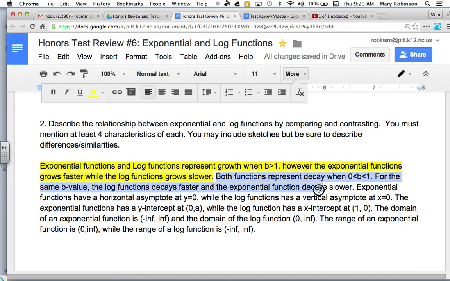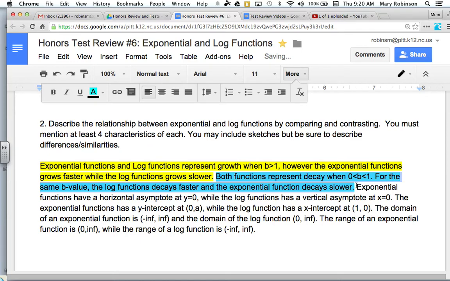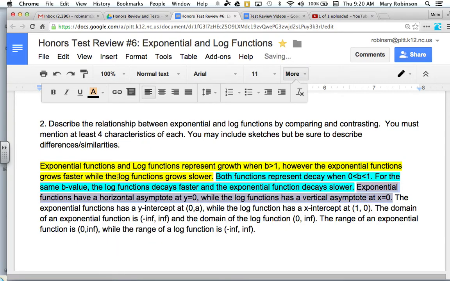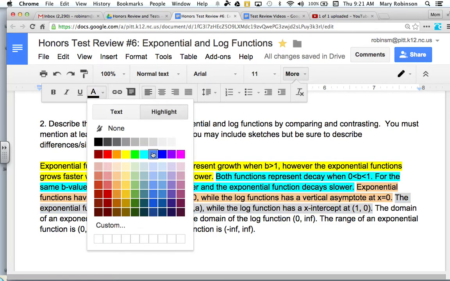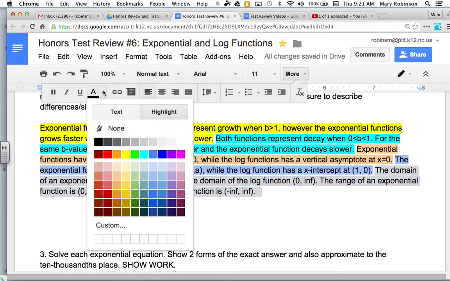This is a separate characteristic. This is a third characteristic. Another characteristic. And I want this to be a separate characteristic here.